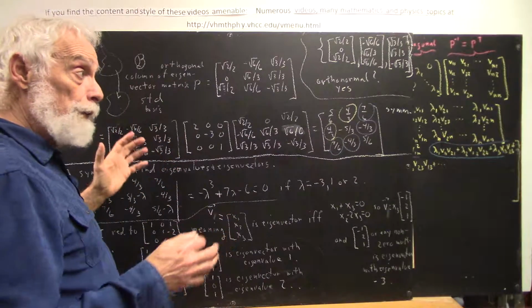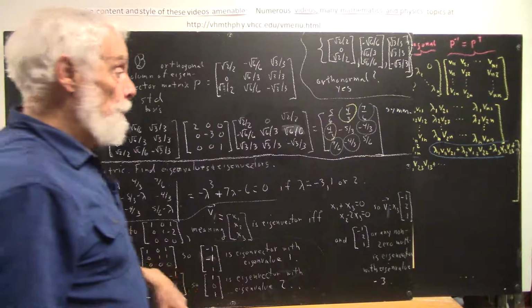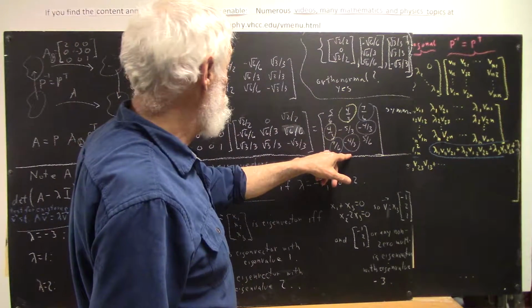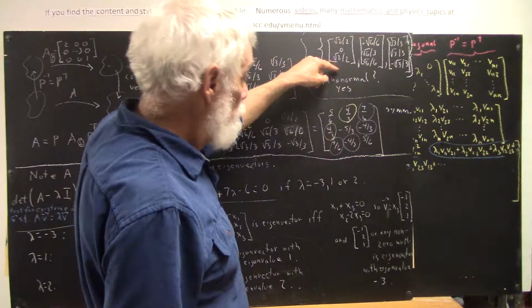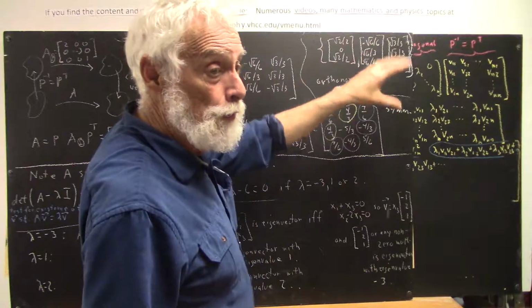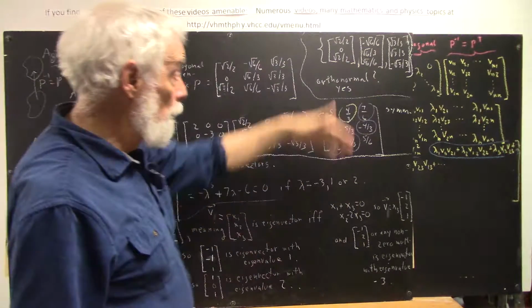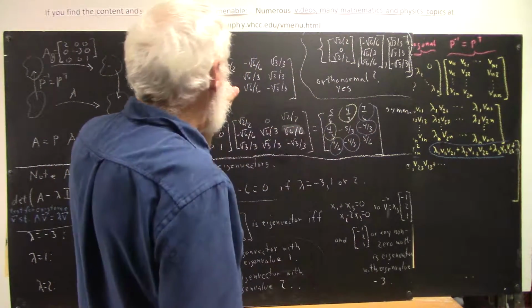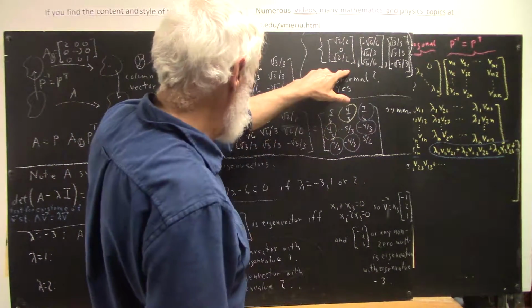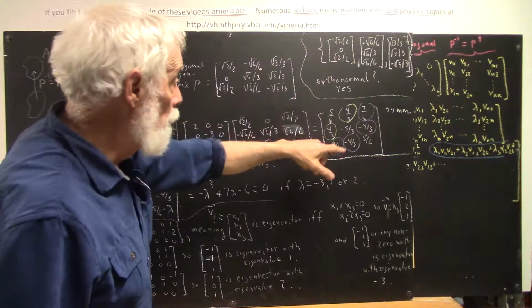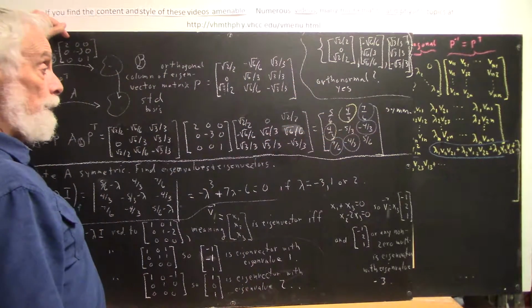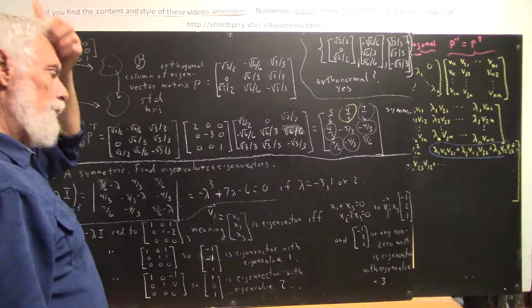Now this is part of an if and only if statement, which says that if this matrix is symmetric, then we get three orthogonal eigenvectors that we can normalize to get an orthonormal set, so that we can orthogonally diagonalize our matrix. And that's kind of a big deal.